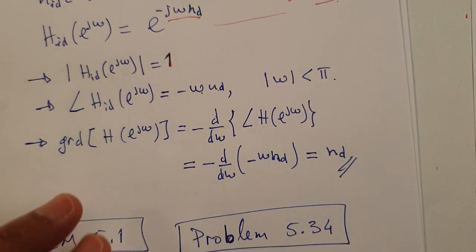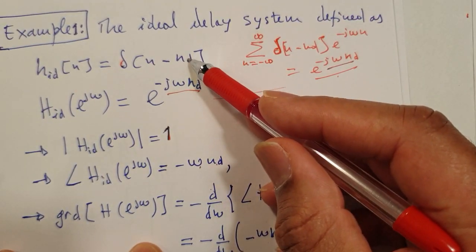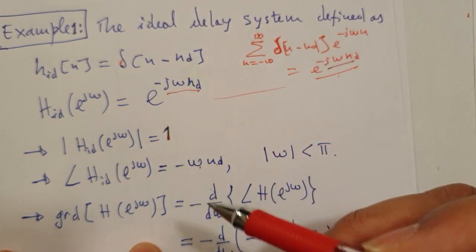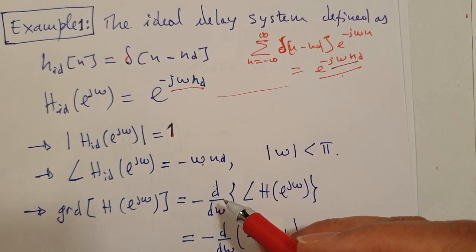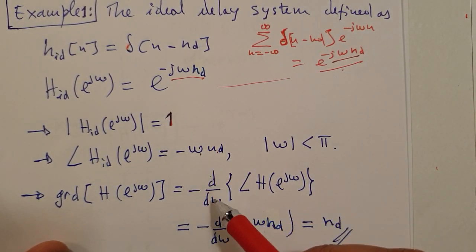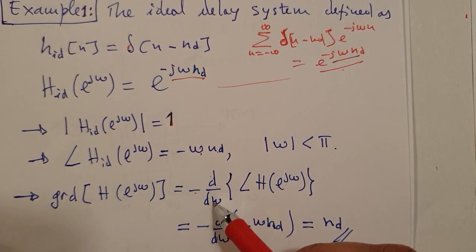Now the group delay, which is how much we are delaying, that you can see from here, for example, nd. So how do you get this? This is the negative of the derivative of the angle with respect to the frequency.